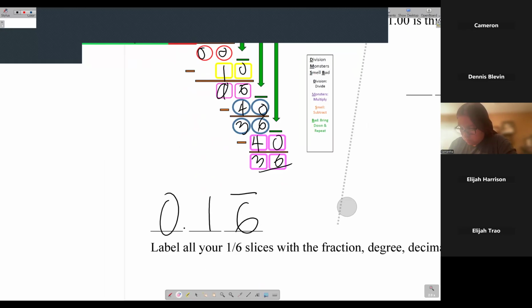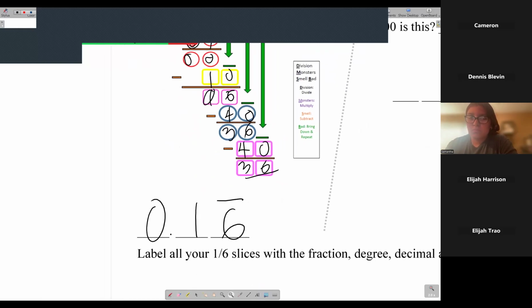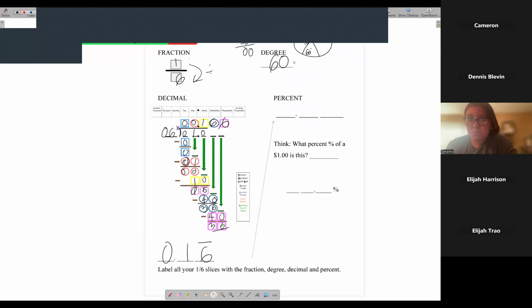Okay, good. Yeah, I got it. Dennis, Cameron, have you guys seen that before? Yeah, the repeating bar? Okay, so we go like this, 0.16 repeating. You bounce that over. Oh, there's a 0. Is there a 0? Yeah.